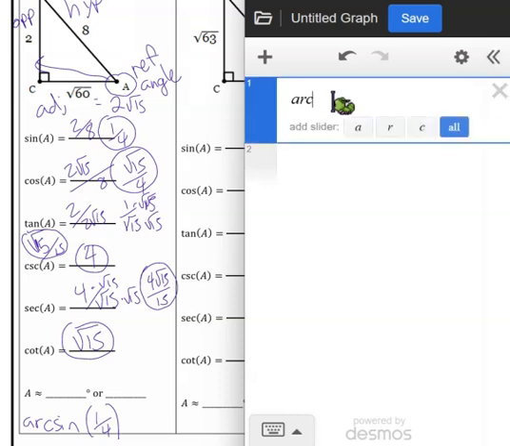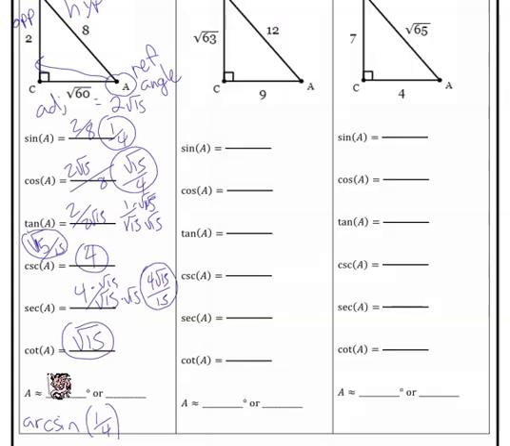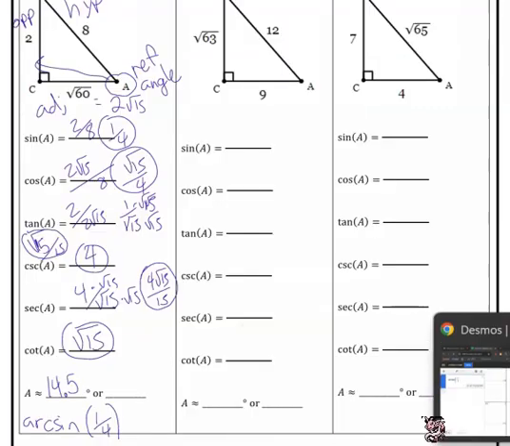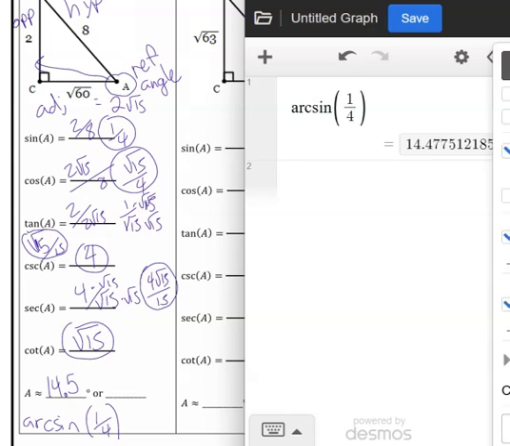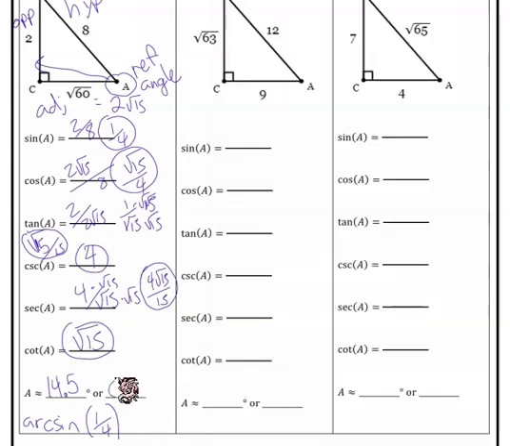Type in arc sine parentheses 1 over 4, and it gives you about 14.5 degrees. And then to change it to radians, we just go back to the toolbar and click on radians. The radians is about 0.25.